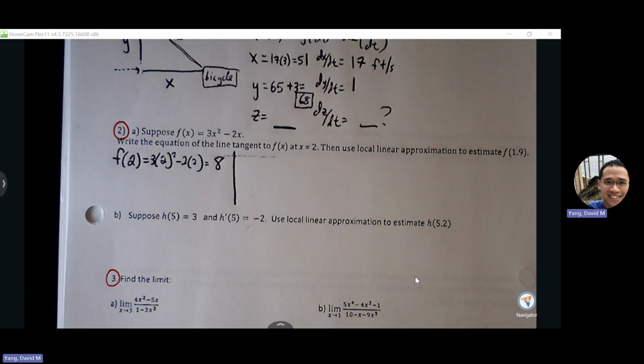You don't need any dx/dt or anything like that for these ones. Right? No, we don't have to do that for linear approximation.